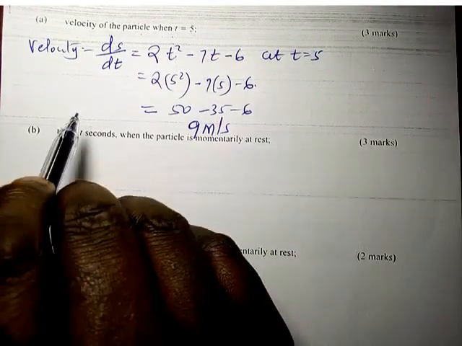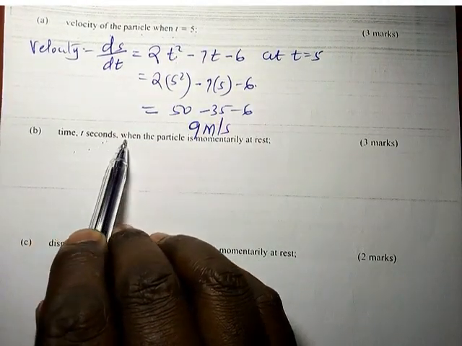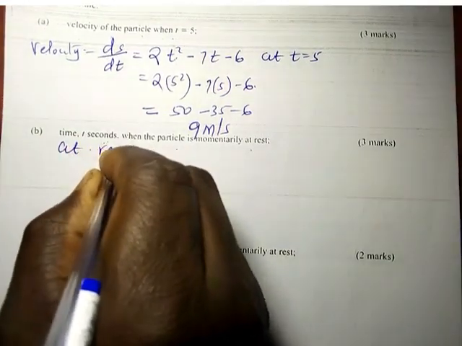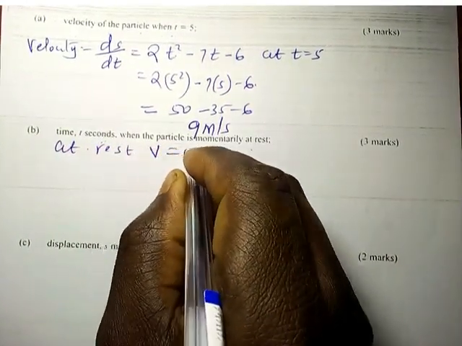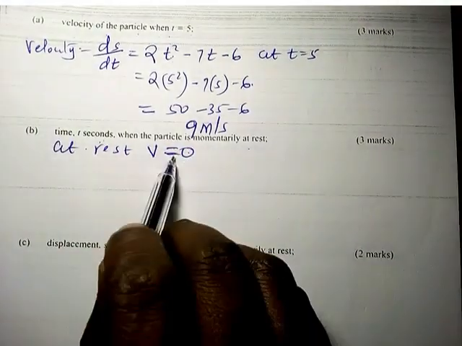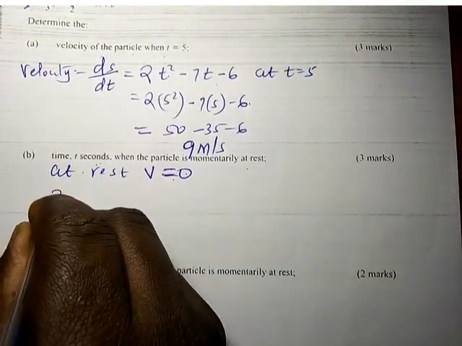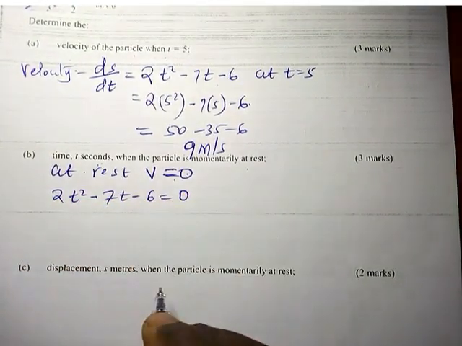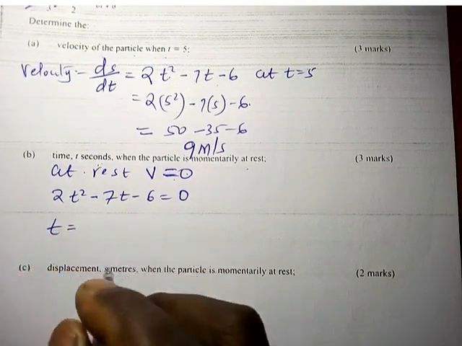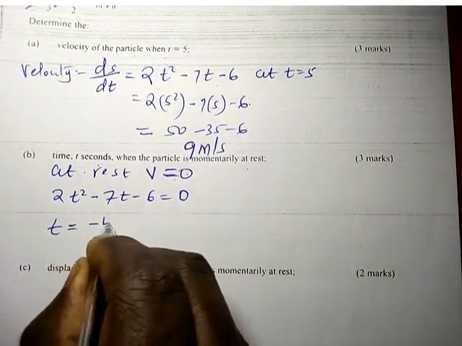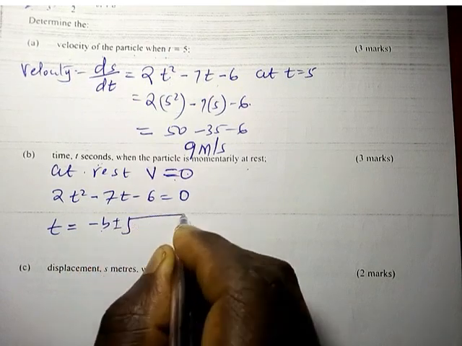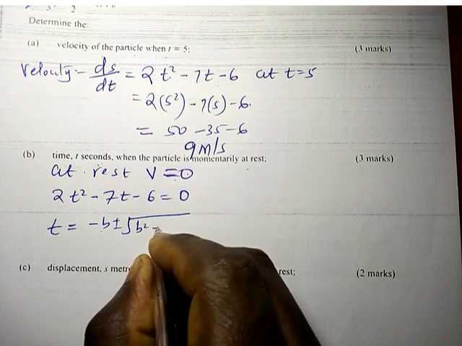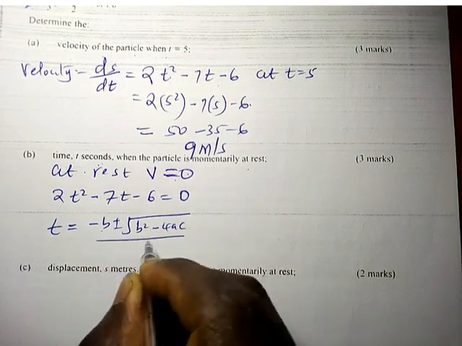Determine the time t seconds when the particle is momentarily at rest. At rest, v equal to 0. Velocity is equal to 0. So you equate the velocity with 0. So 2t square minus 7t minus 6, the answer is 0. We can get t using the quadratic formula, minus b plus or minus square root of b square minus 4ac, divided by 2a.